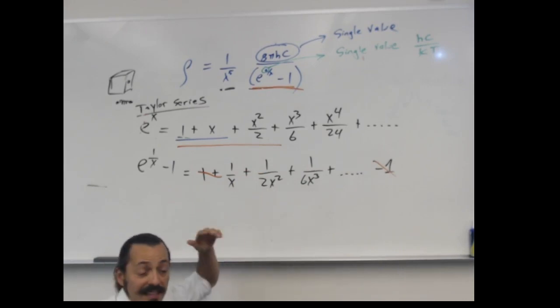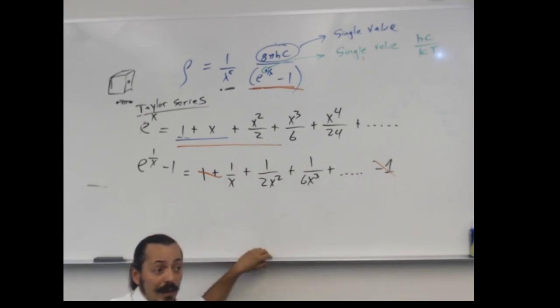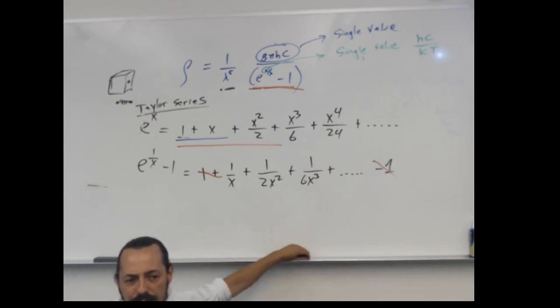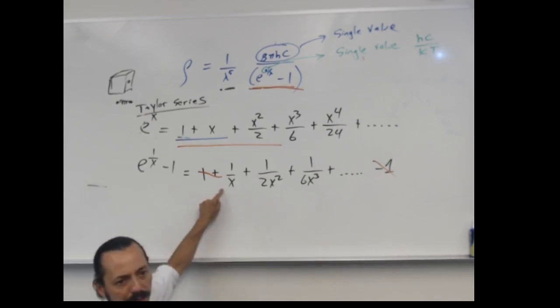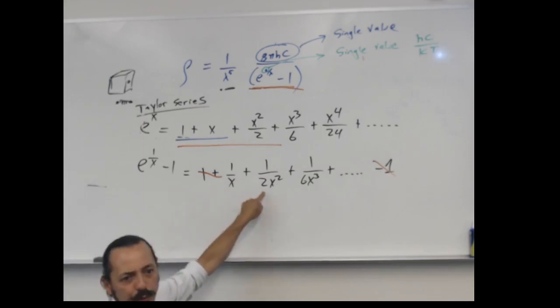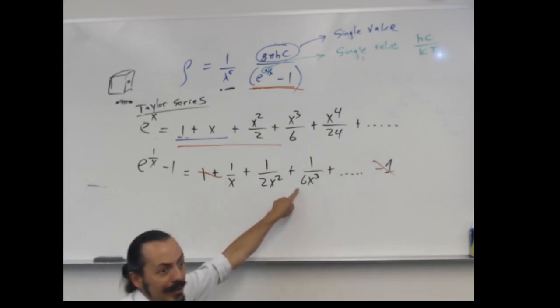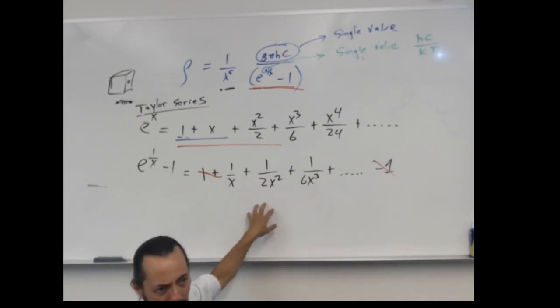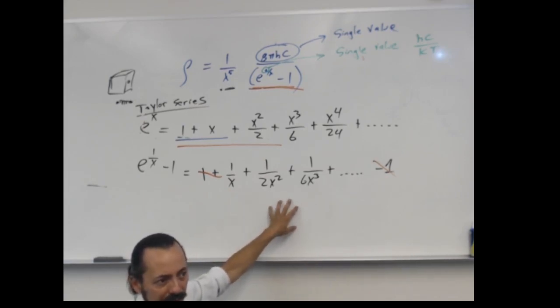Now here's where this is nice: as x gets really, really large, let's say x is equal to 1,000,000, this term is 1/1,000,000th, and this one is 1/1,000,000,000,000th. Do I need to include these terms that are several orders of magnitude smaller?